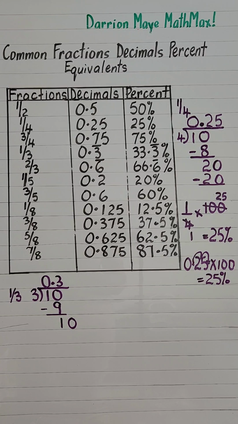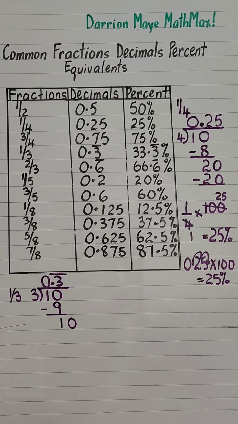This is a repeating decimal, as we will continue to be having 3. So we put a bar over the 3 to show that this is a repeating decimal. So 1/3 is equal to 0.3 repeating.